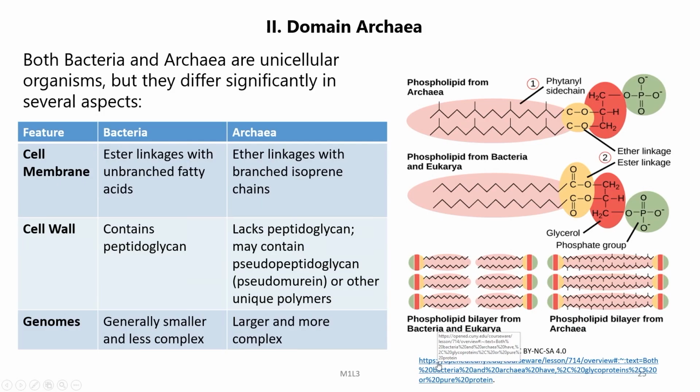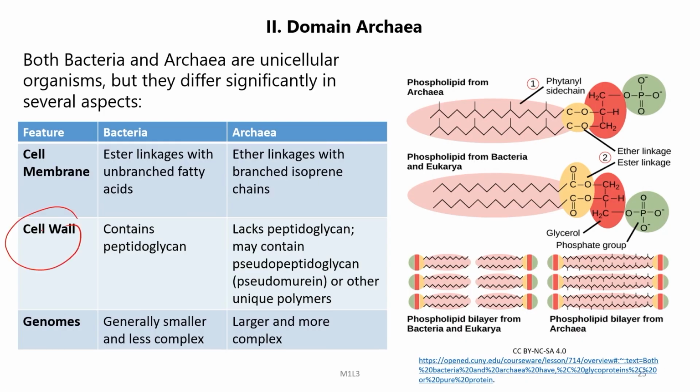Now, let us try to list these differences as mentioned in this table. If we take the cell membrane, as I have already told you, bacteria has ester linkages with unbranched fatty acids, while archaea has ether linkages with branched isoprene chains.